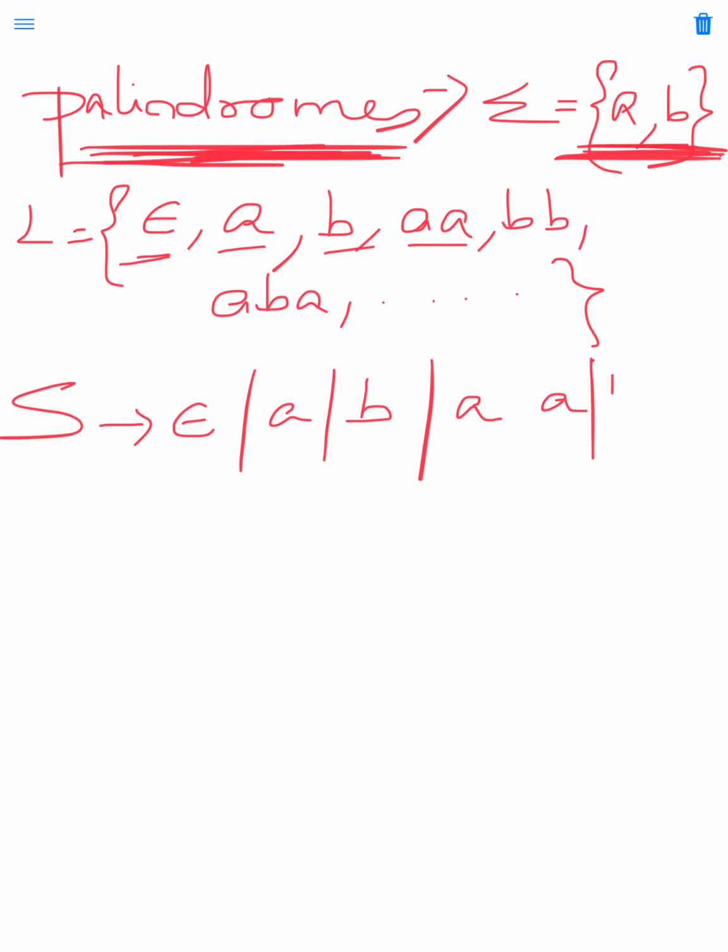Okay, if I read B from the left, it should end with B on the right. So this can be repeated any number of times. So for that, I include this S in between this A and B. Now you see whether you are able to generate these strings. So whether you are able to generate ABA, you can check, using A S A.